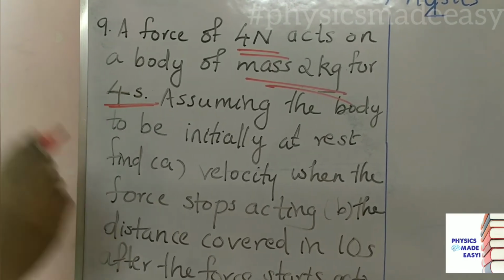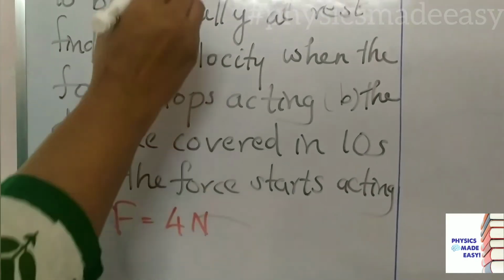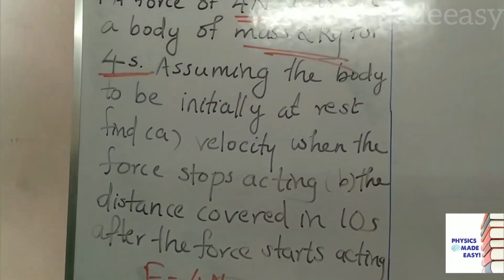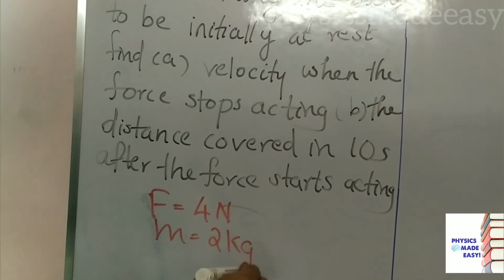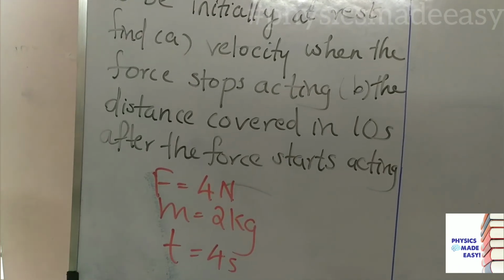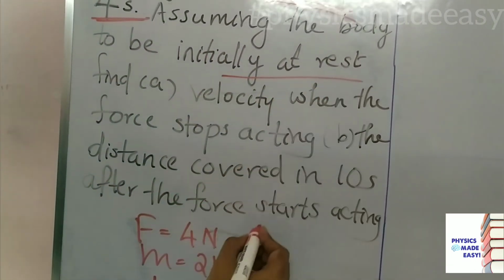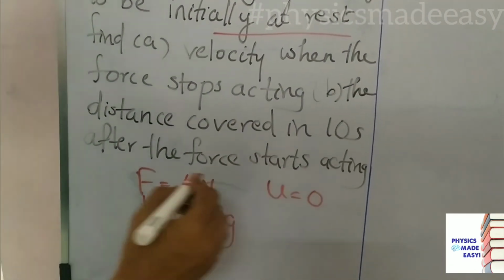So here force is equal to 4 Newton on a body of mass 2 kilogram for 4 seconds. Time also given there. Then it is given as assuming the body to be initially at rest. That means u is equal to 0.